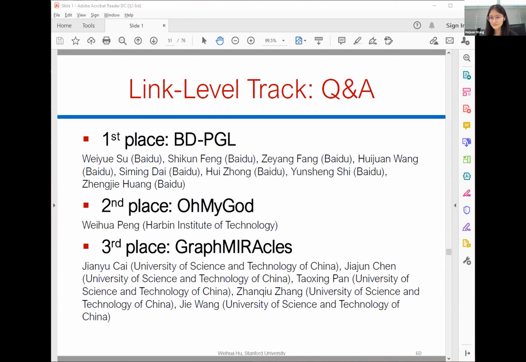Thank you. I see. So how long does it generally take to train a single model on the Baidu KG framework? You mentioned that it may take a while to train a KG embedding on such a large KG.